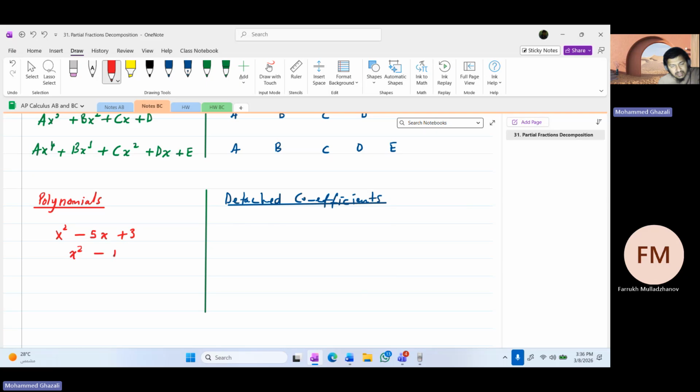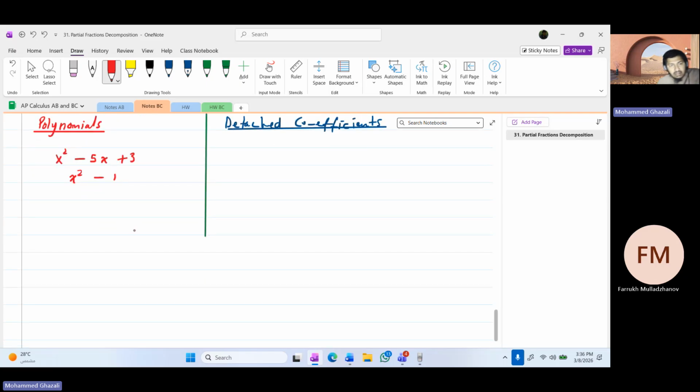Then x squared minus 1. Then x to the power 4 plus 2x squared minus 1, and x cubed minus 1. Detach these coefficients for me and tell me what they are.